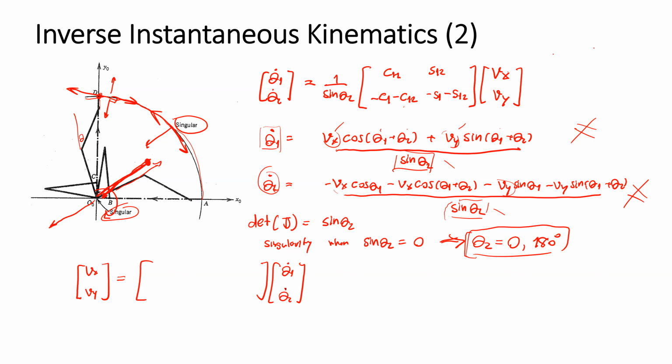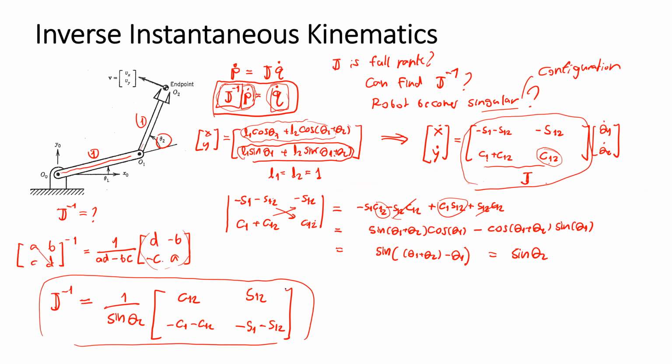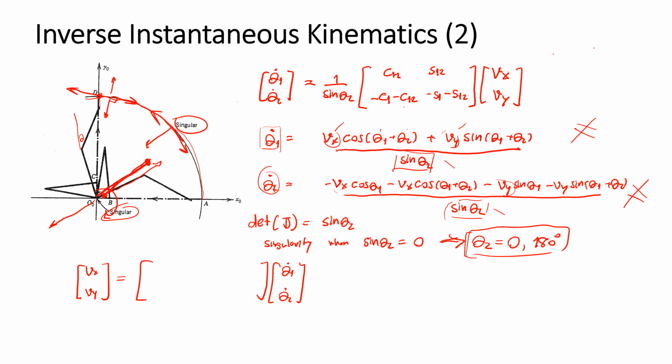If theta 2 becomes 0, this will be minus sine theta 1 and minus sine theta 1, so it's going to be minus 2 sine theta 1.